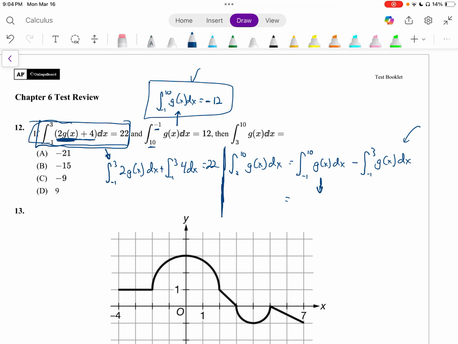This first one here, we know we can bring out that constant. So this is going to be 2 times the integral from -1 to 3 of g of x dx. Now this one, this is a horizontal line at 4 for an interval of 4. So this is equal to 16.